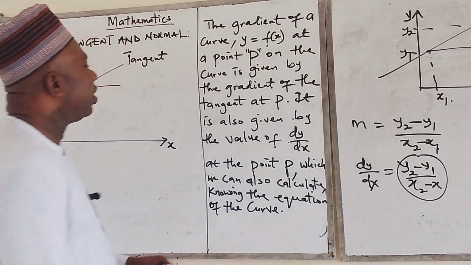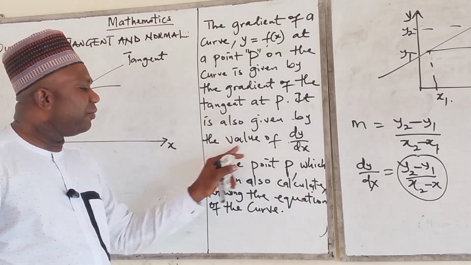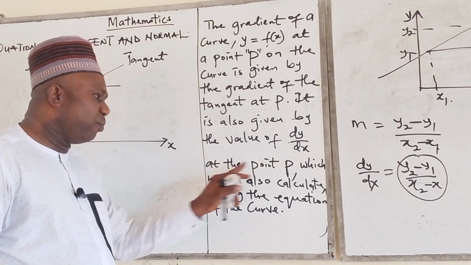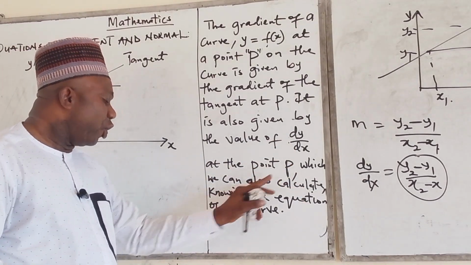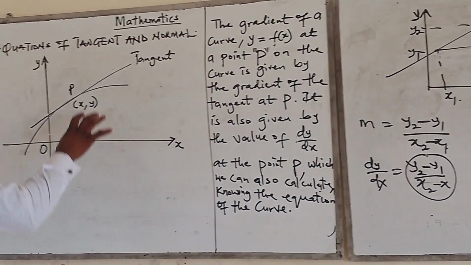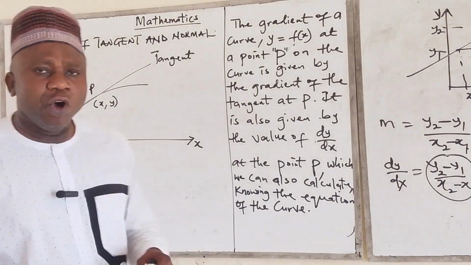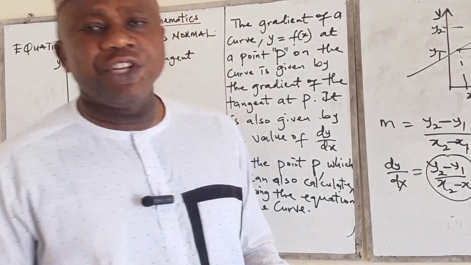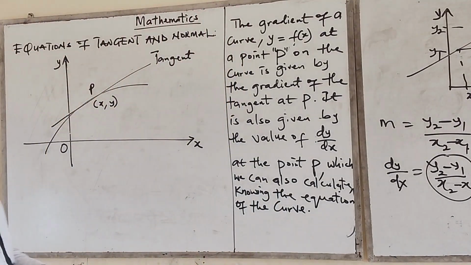So the gradient of the tangent at P is also given by the value of dy over dx at the point P. We can also calculate this knowing the equation of the curve. So when we know the equation of the curve, we can calculate the gradient of the tangent and also the gradient of the normal, the perpendicular gradient. Now we're going to be looking at some examples. Now example one.